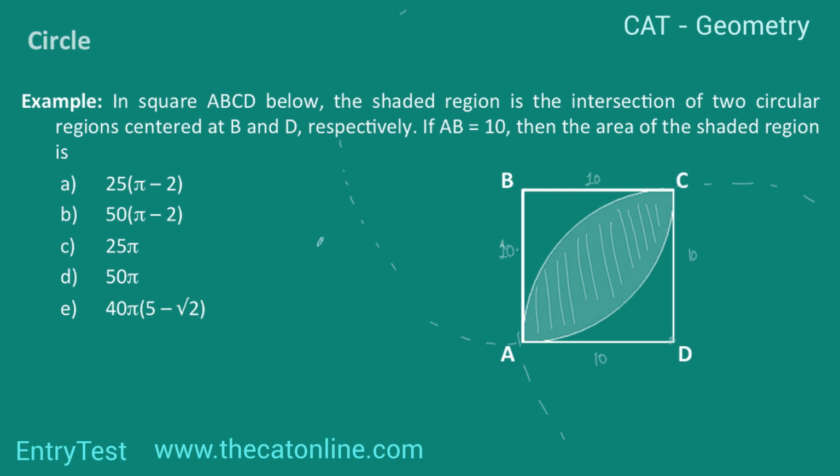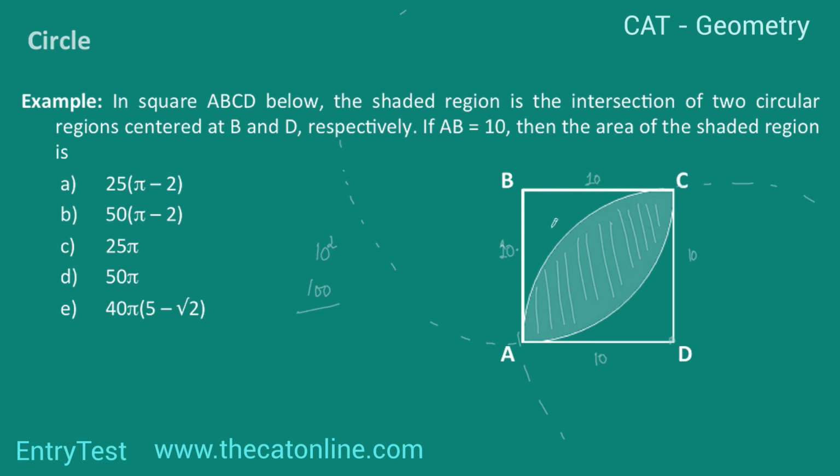It is 10 square, which is 100, right? If I put in the values here, I may be able to eliminate some of the options. My answer for this common region would be much less than 100, because it has to be 100 minus something.